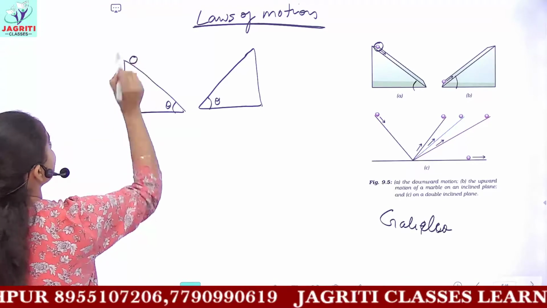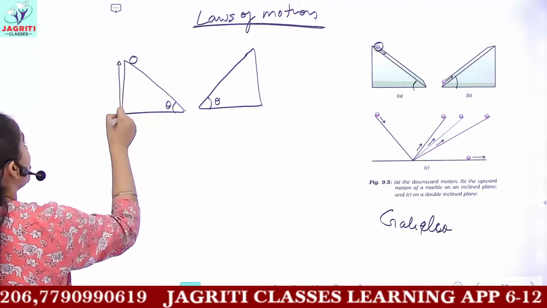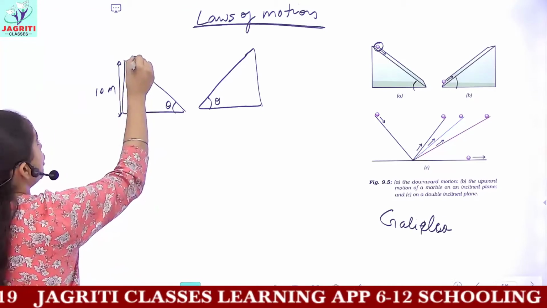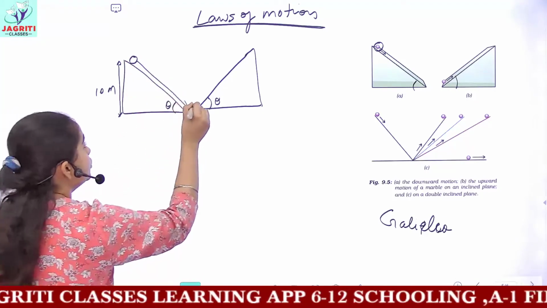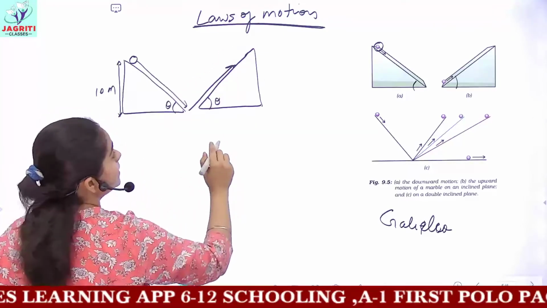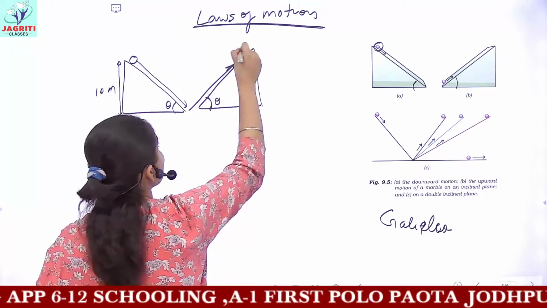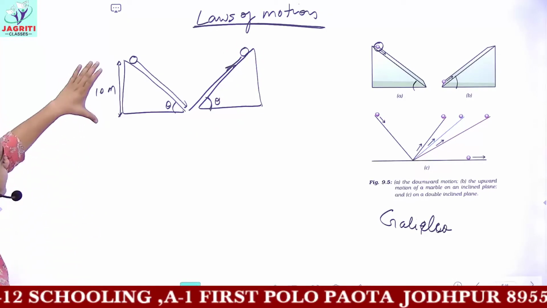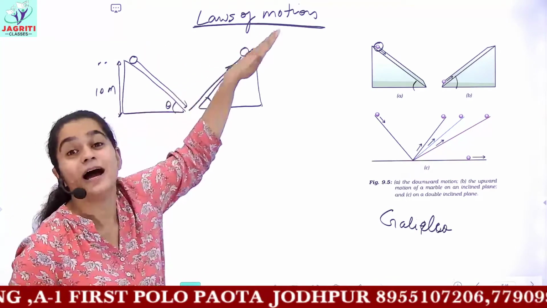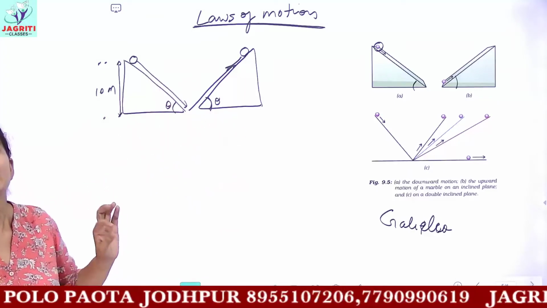Now if I drop the ball from a height of 10 meters, then this ball would travel down and move forward on the next inclined plane, having the same angle of inclination, to the same height. Once you drop a ball from a given height, the ball would cover the same height on the next plane also. These experiments were done by Galileo.